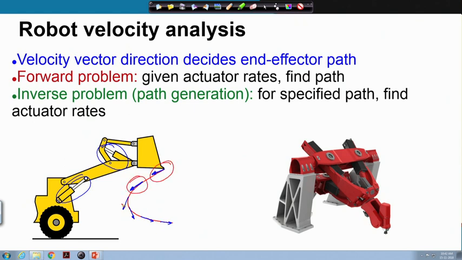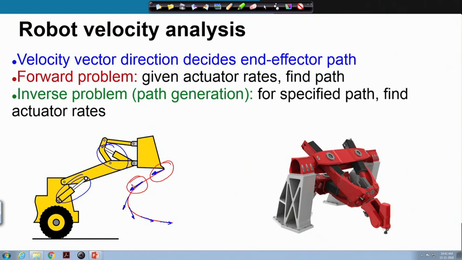As the bin moves in successive positions, how should you change the actuator expansion rates? This comes from the inverse velocity analysis problem. So, this is the path generation problem.